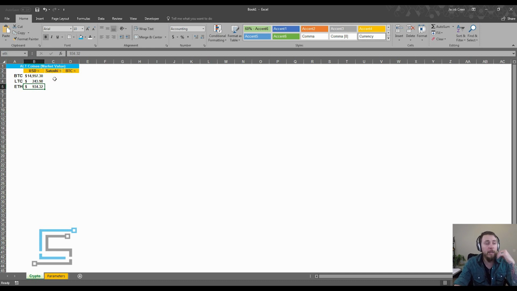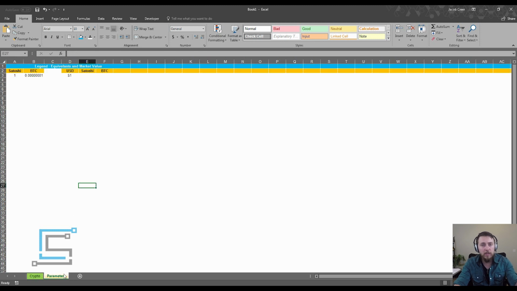Okay, so now before we can actually figure what the Satoshi equivalent is for our currencies at the current market value, we need to go back to our parameters tab, and we need to figure out what the Satoshi is per US dollar. Okay, so let's go ahead and write this out.